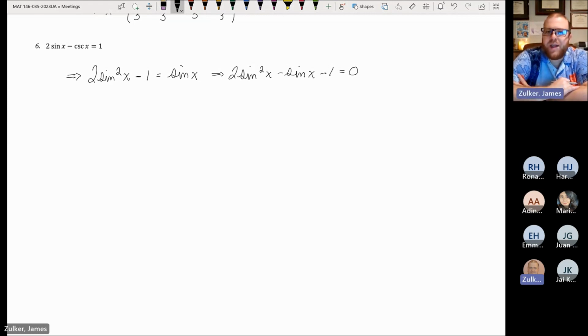That allows us to write 2 sine squared minus sine minus 1 is equal to 0. Right, let y be equal to sine, just like we did before.